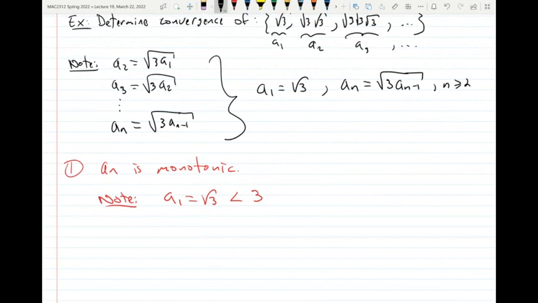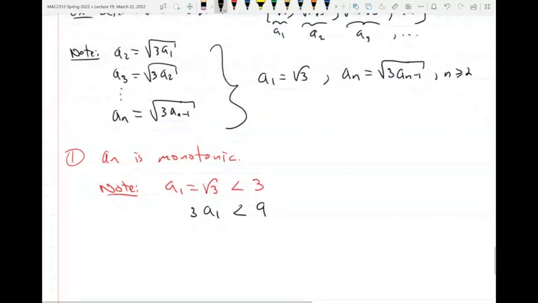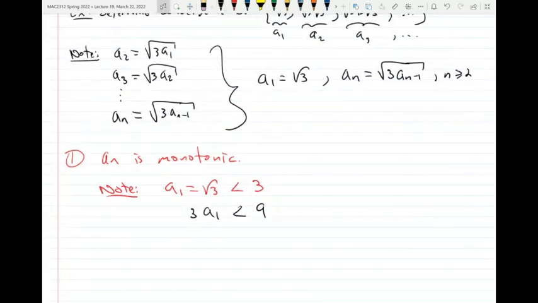So if I multiply both sides by 3, I get that 3 times a1 is less than 9, and if I take the square root, that's again less than 3. But what is the square root of 3 times a1? That's a2. So we get that a1 is less than 3, but a2 is also less than 3.